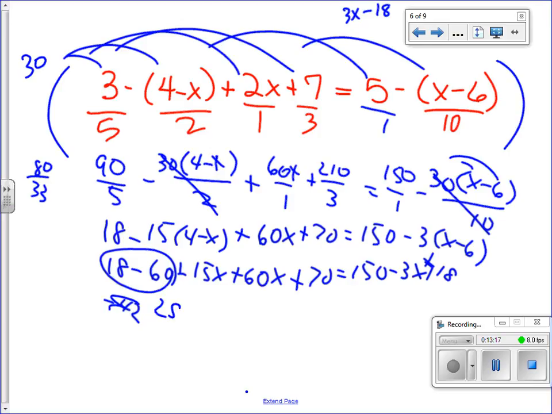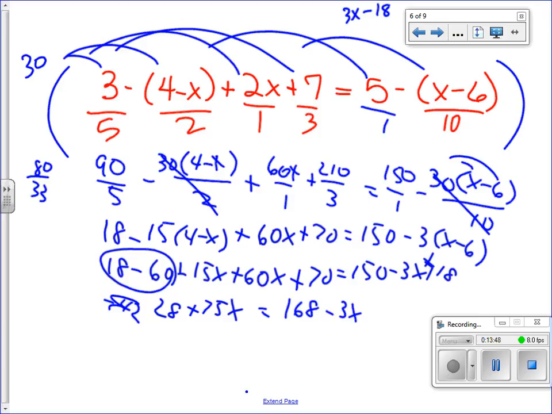So I have 28 plus 75x. You got 42, right? Yeah. There's 70. Well, that's a negative 42. So 70 minus 42? 28? Okay. And then this is going to be 150 plus 18, 168.